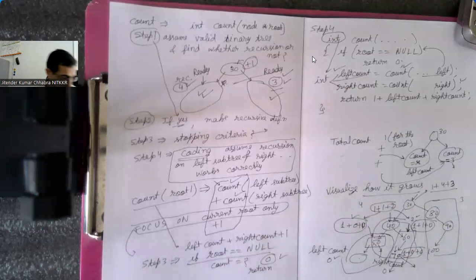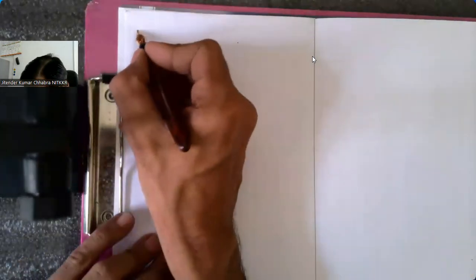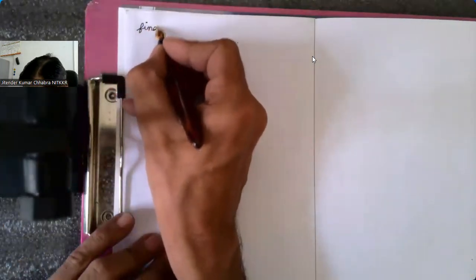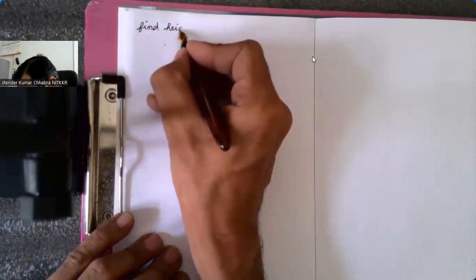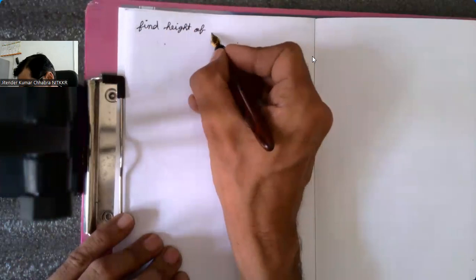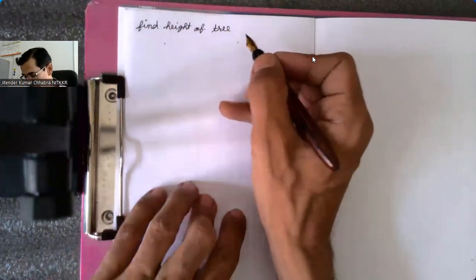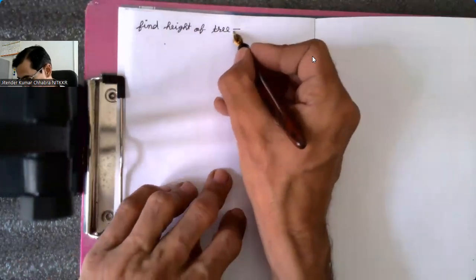Having understood this, I'm sure now you can easily make similar logics. So now I'll be going much more easily for various other operations. For example, I say find height of a tree. So height of a tree means what? It is effectively the highest level of a node, any node in the tree. So height of the tree effectively I have to find.